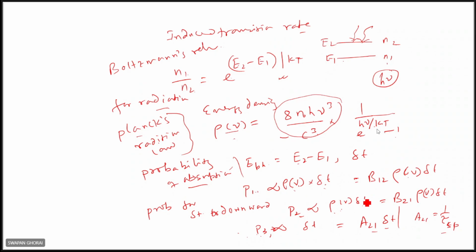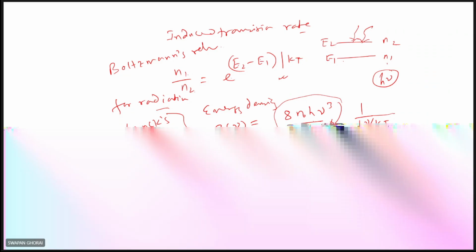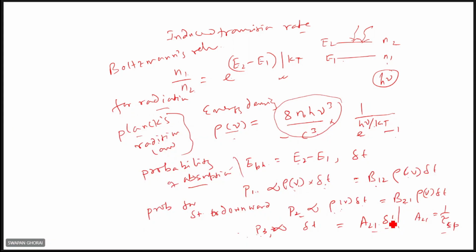A21 means it is 2 to 1, and it is the constant of proportionality for spontaneous transitions. Actually, these B12, B21, A21 are Einstein's coefficients, and they determine the interaction of radiation, the electromagnetic field, with matter, the materials.